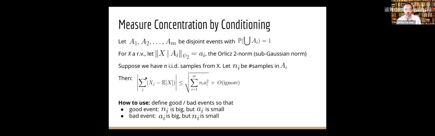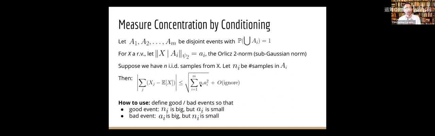So this is a result that basically says that the concentration to the mean, to the population calculation that you want, can be controlled by this product of how bad it is, how far off it is, versus how likely it is to happen.